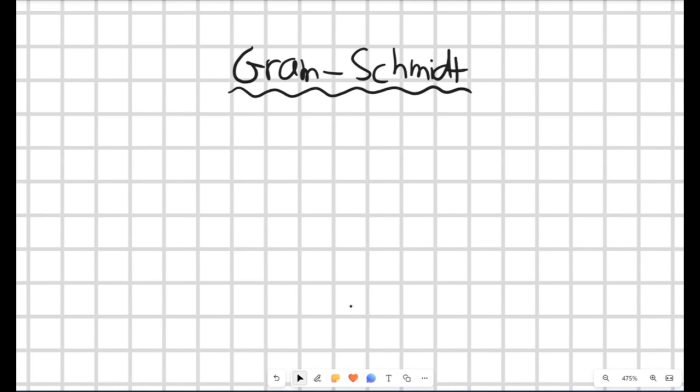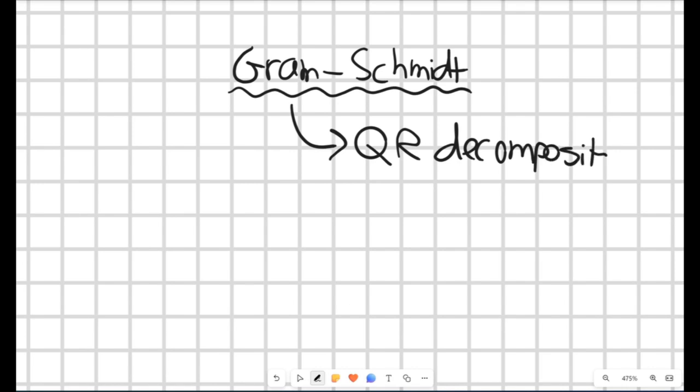In particular, it forms a key part of the QR decomposition, which is kind of a classic approach for finding eigenvalues, which is something that we'll probably look at in the next video. But it forms a part of loads and loads of stuff, so it's really important.